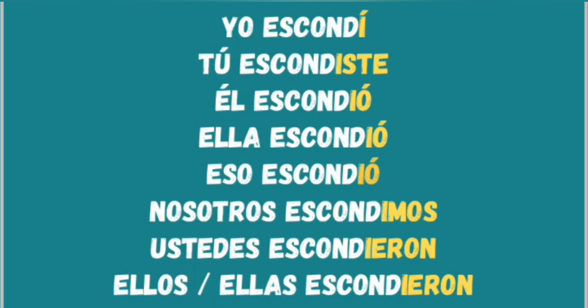And now, if we have the personal pronoun I, in Spanish, yo, the ending of the verb would be with letter I with an accent, okay? Yo escondí, okay? Yo escondí. I hid, okay?